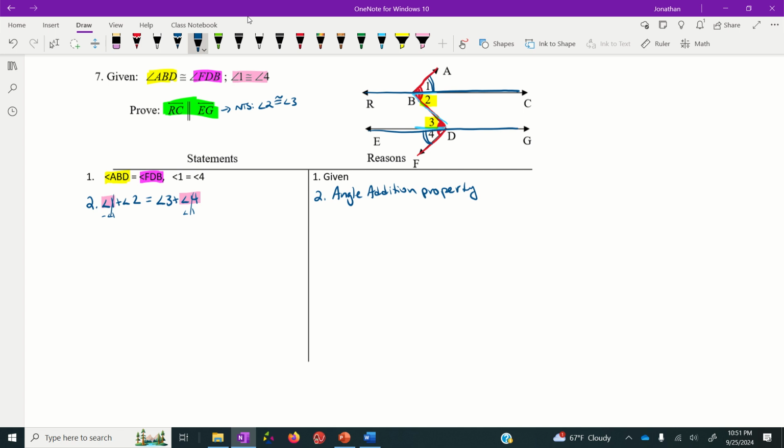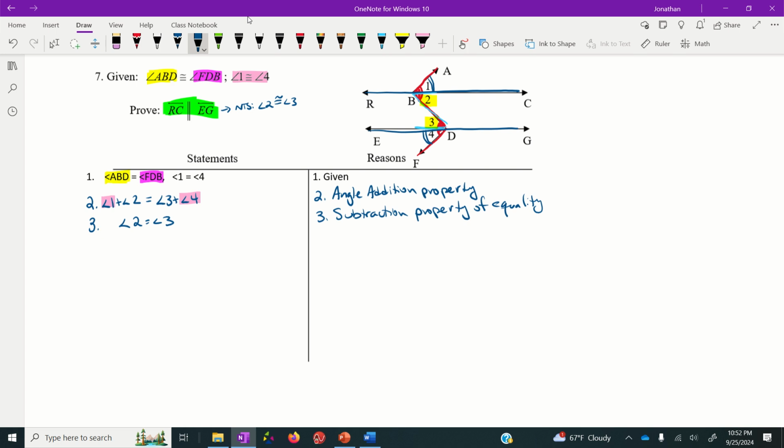Now remember, we don't actually show the work. We just say if I subtract these two angles, I get angle 2 equals angle 3. The reason for that subtraction is called the subtraction property of equality.